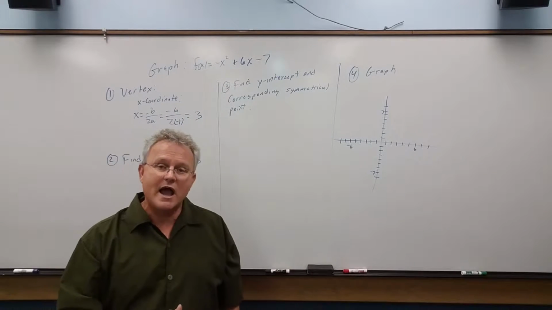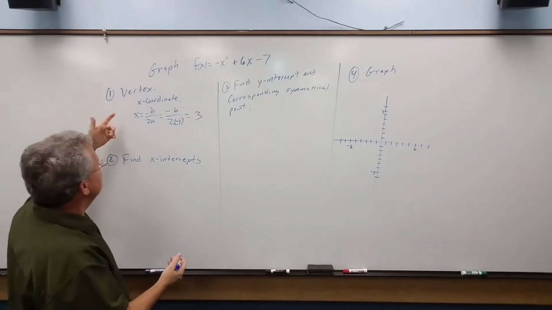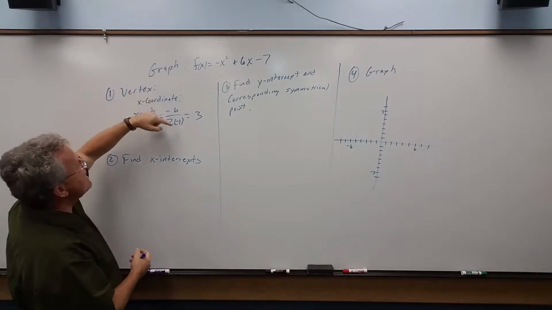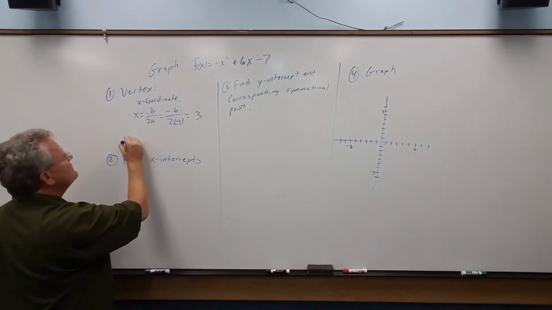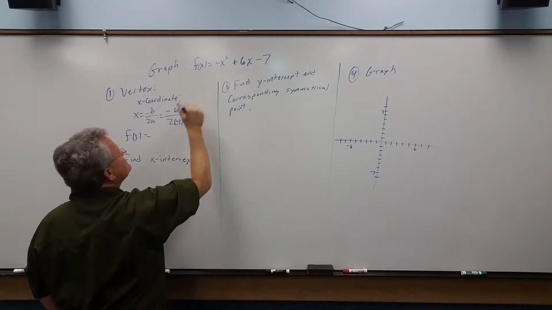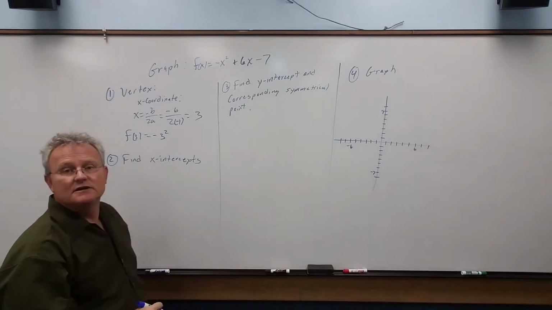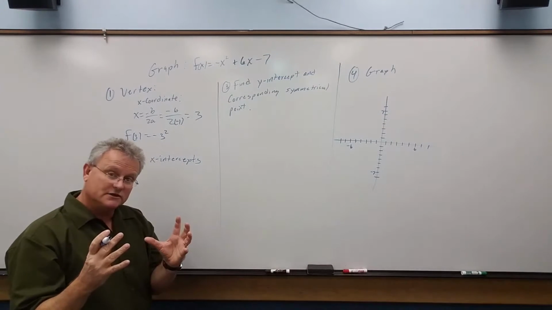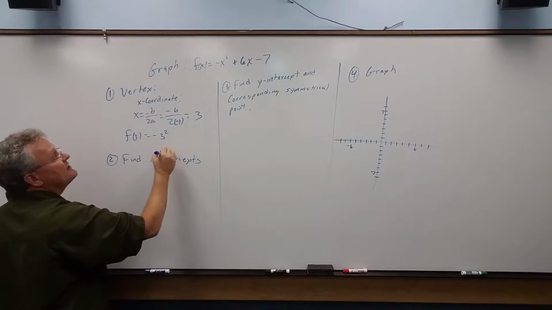To find the y-coordinate associated with this x-coordinate, that's nothing more than finding y when x is 3, or finding f of 3. So f of 3 is minus 3 squared. Note that it's not negative 3 quantity squared; the negative is in front.